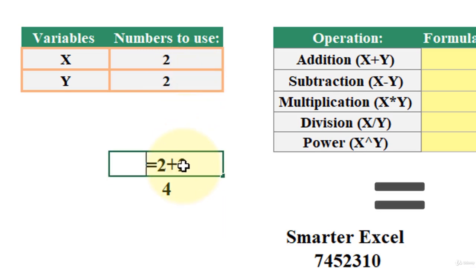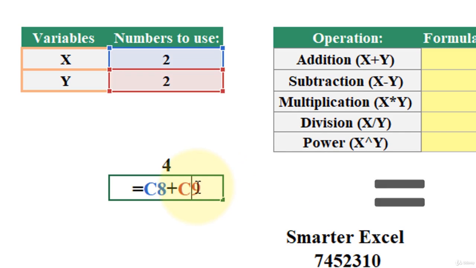The first 4 is static, can't be changed because it consists of two constants. However, the second formula consists of two cell references. Once you change only one reference, the final result is automatically updated.